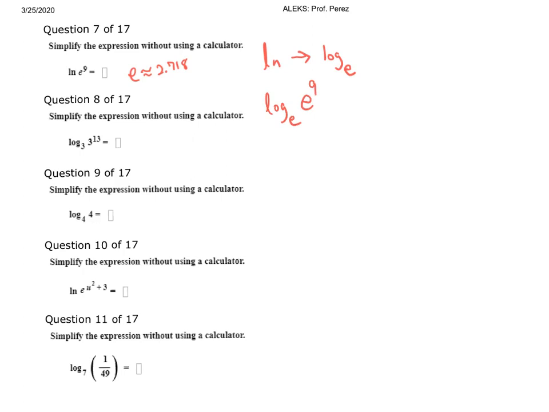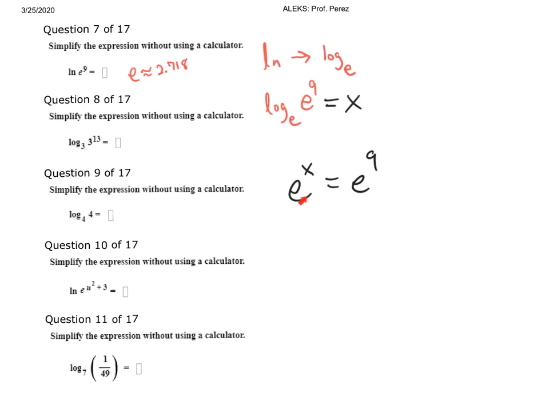We're going to learn some properties, but I want to explain why some magic is about to happen. Let's say this is equal to x, just to walk you through the thinking here. I'm asking you, the base raised to the exponent, so e raised to the power of x, equals the argument, e to the 9th.